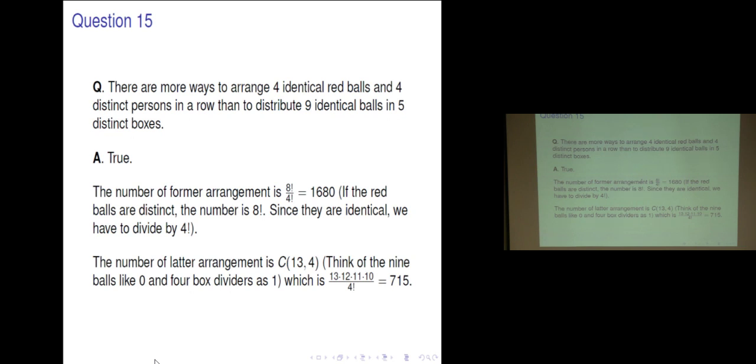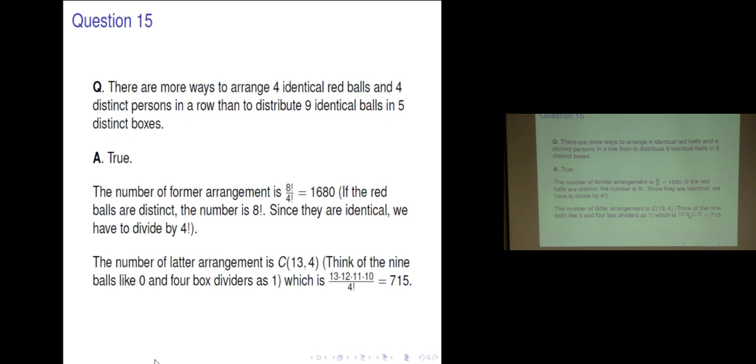Then you have 4 dividers, which are digit 1. So distributing 9 identical balls in 5 distinct boxes is the same as having a string of 0s and 1s. You have 9 zeros and 4 1s.